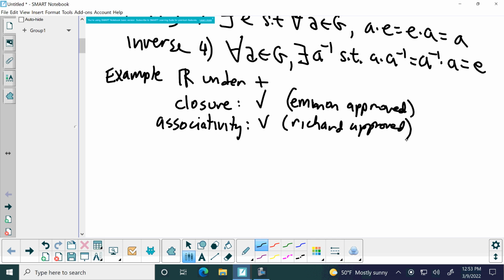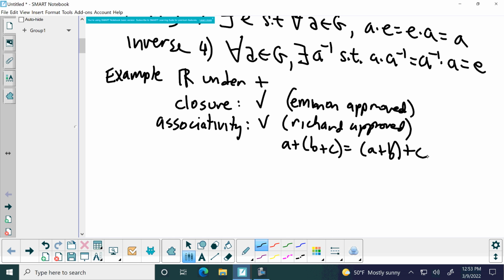So this means that A plus B plus C is equal to A plus B plus C. So you do what's in the parentheses first. Addition is a binary operation, so it can't act on three things, it acts on two things. So you have to do B plus C first, and A plus the result of B plus C is the same as the result of A plus B plus C. Okay, so associativity, Richard approved.